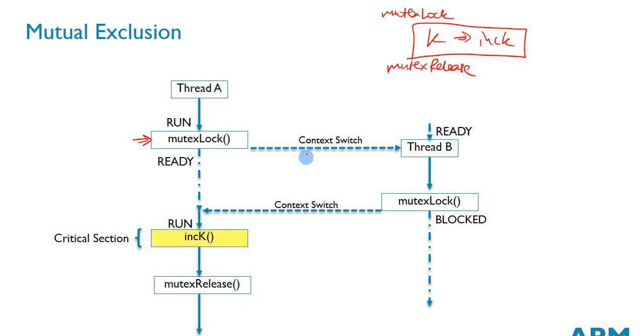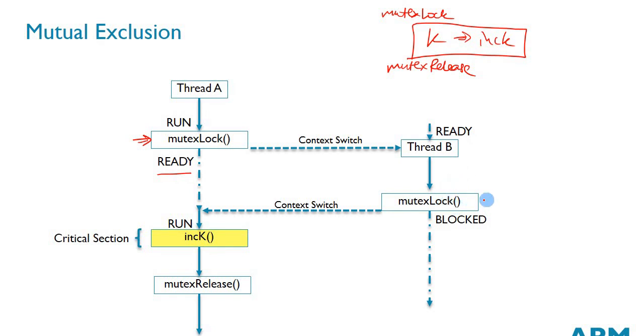Maybe thread B is higher priority, or for some reason thread B is now chosen to run. When thread B is chosen to run, thread A goes to ready state. Now when thread B runs, it is also going to call the increment K function. The rule is that before I can call increment K, which is a shared resource, I must do a mutex lock.